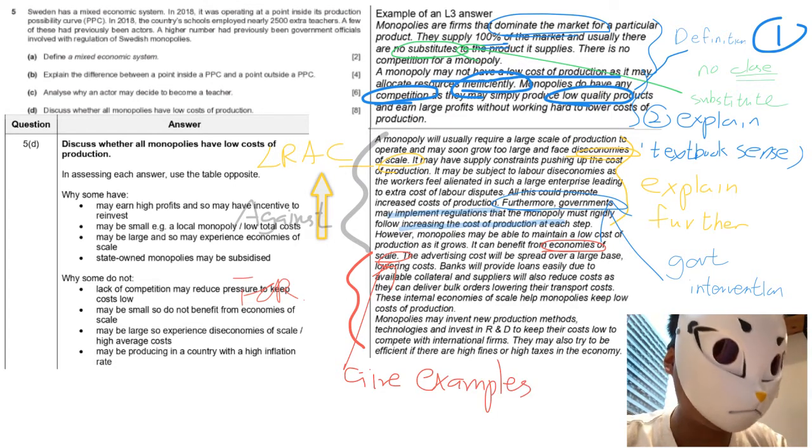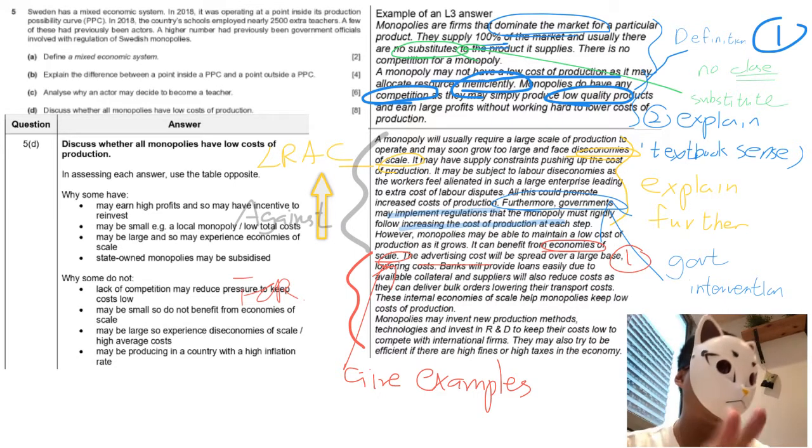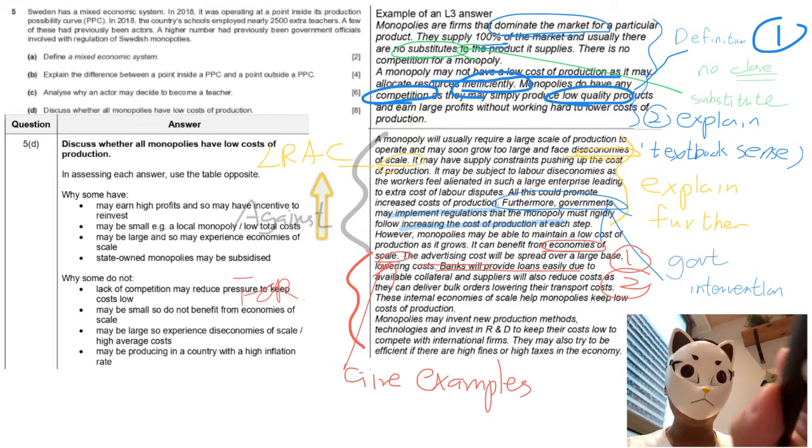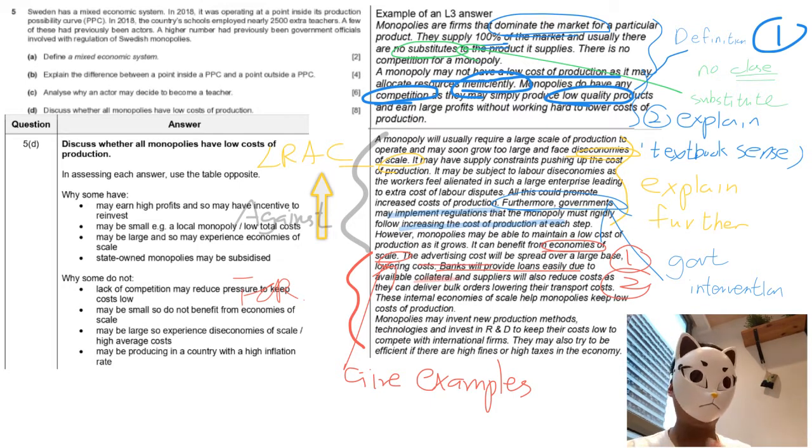Say for example, number one, advertising cost can be spread over a large amount of output. Number two, banking, the financial economies of scale. You must mention the reason behind, say for example, you have more collaterals. Number three, bulk purchase, purchasing economies of scale.